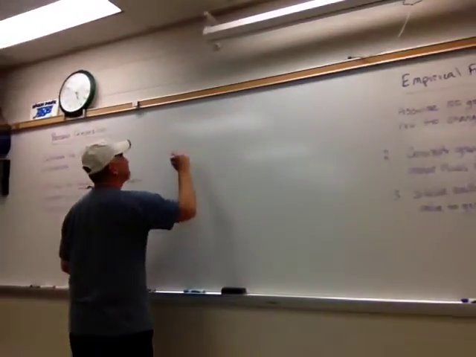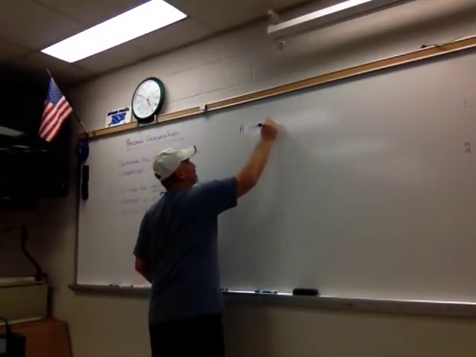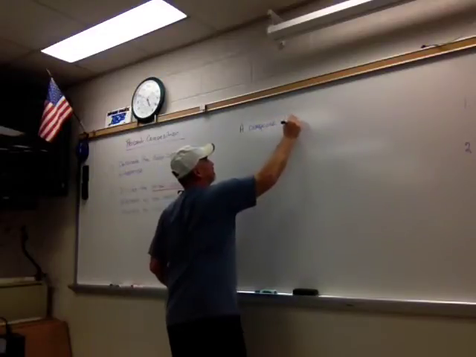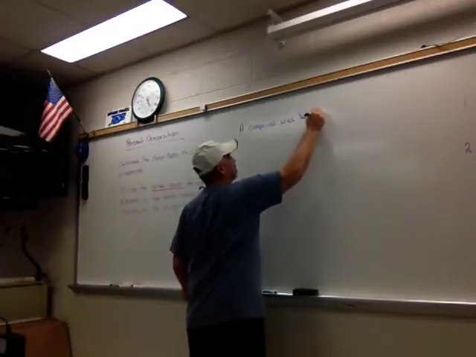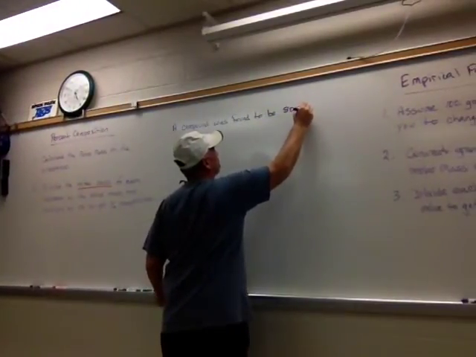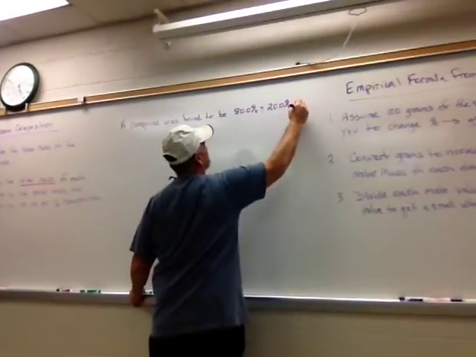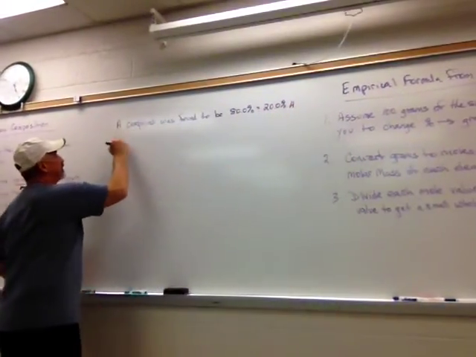So, if a compound was analyzed and found to be 80% carbon and 20% hydrogen, what is the empirical formula?